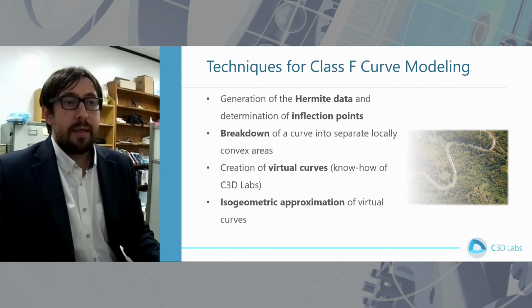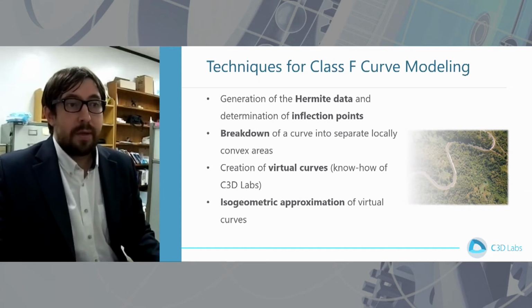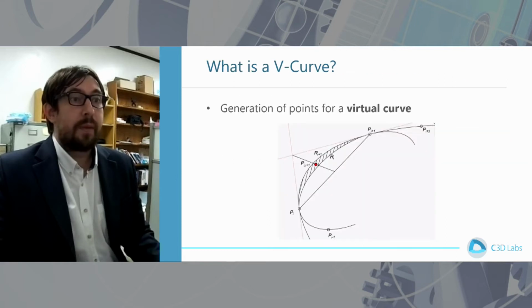Techniques for Class F curve modeling include the following. First, generation of the Hermite data and determination of inflection points. Second, breakdown of a curve into separate locally convex areas. Third, creation of virtual curves or V-curves. And the fourth one is an isogeometric approximation of virtual curves.